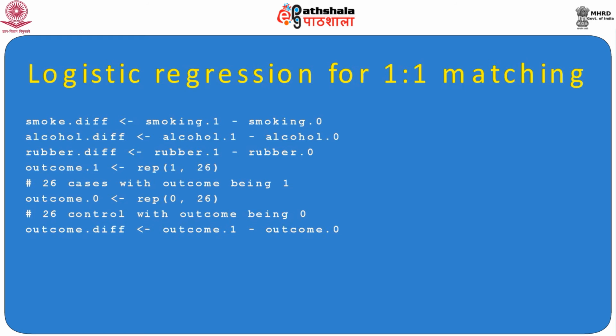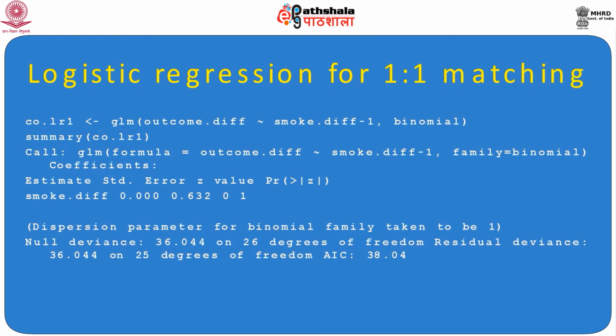So obviously here the odds ratio is coming as 1, because if we take the exponential of the regression coefficient value obtained by logistic regression, we get the odds ratio. Now we put exp within parentheses, confint.default of co.lr1, and we get the 95% confidence interval of 0.2895 to 3.45.